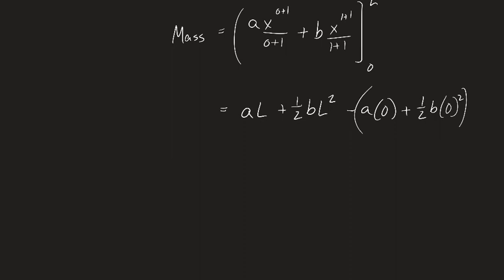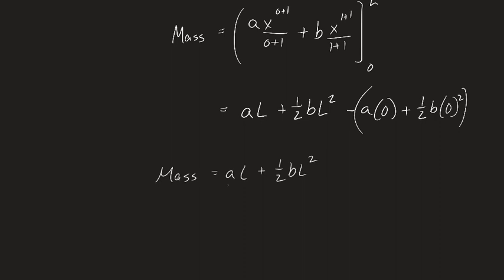So I put in my top limit and put in my bottom limit, subtracting them. And so the mass of the bar is AL plus 1/2 BL squared. And that's it. That's all we can do.